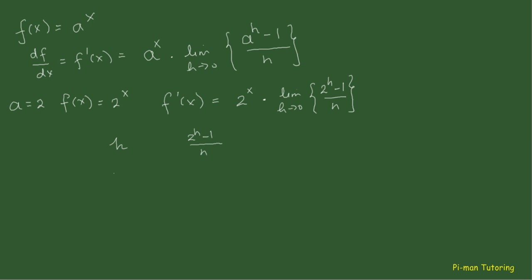So when h is 0.001, if you plug that in your calculator, you'll get something like 0.6933875, and so on.